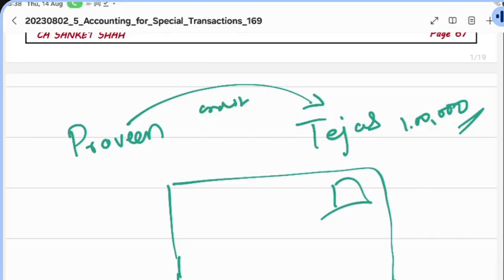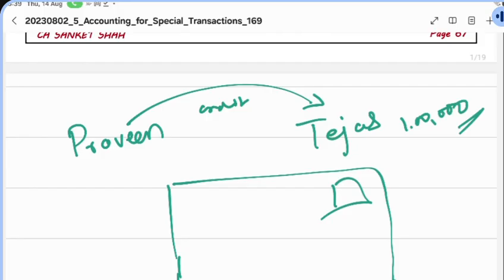And what I write in that bill, I will tell you. First I write, because now who is drawing this bill? I am drawing. Right? You tell me, when I am drawing it on Tejas, do I tell him that I request you to pay? No. I am giving goods to him on credit.